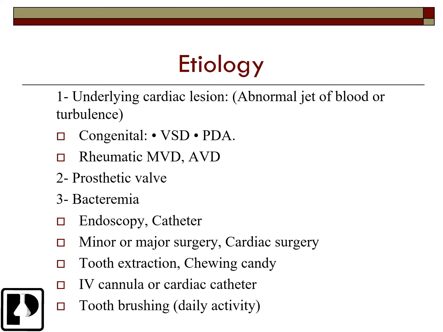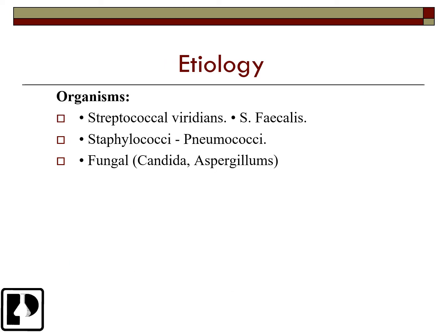All these sources may make the bacteria go inside the heart and cause this horrible disease. Types of bacteria are Streptococcus viridans, Streptococcus faecalis, and this is mostly present in the GIT, Staphylococci and pneumococci, and the fungi like Candida or Aspergillus.